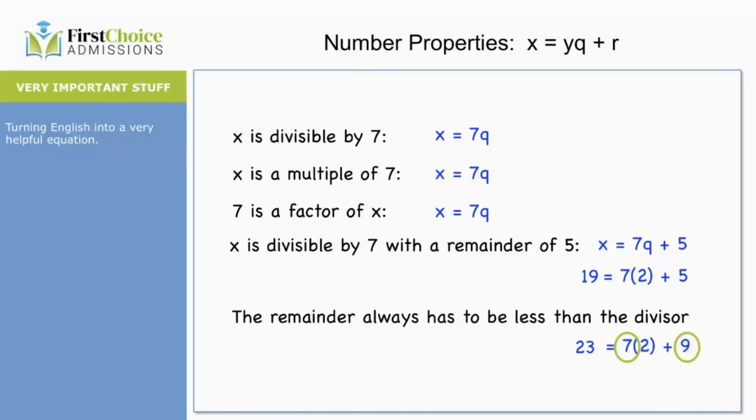That's only 14. Wait a minute. What that really means is that 23 is 7 times 3 plus 2. This idea that the remainder needs to be less than the divisor comes up quite a bit. And because all of this is true, they can ask you this question.